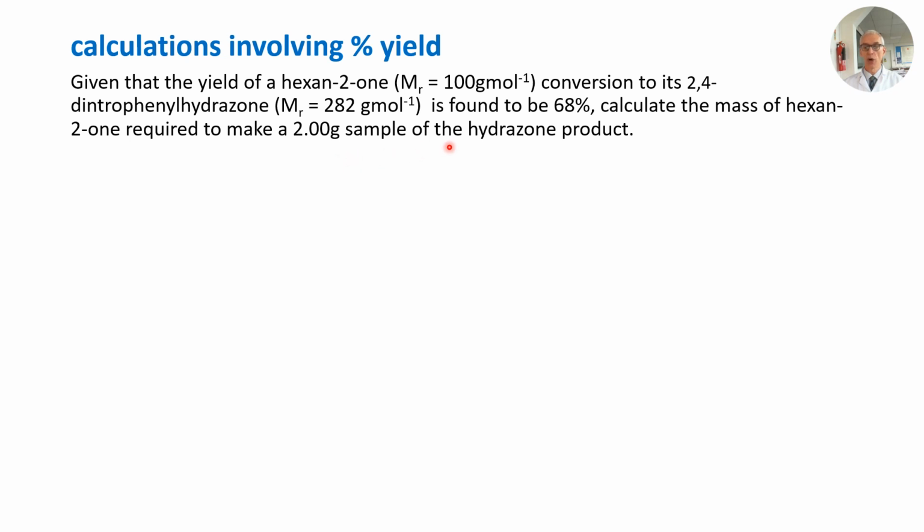So here you are told the percentage yield and the mass of the desired product. Pause the lesson. See if you can calculate the mass of hexane-2-one required to make 2 grams of the 2,4-dinitrophenylhydrazone product. Come back when you're ready to check against my model answer.